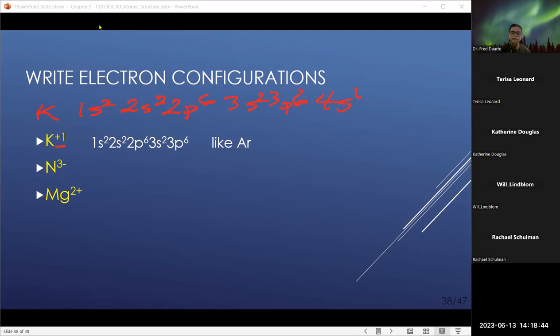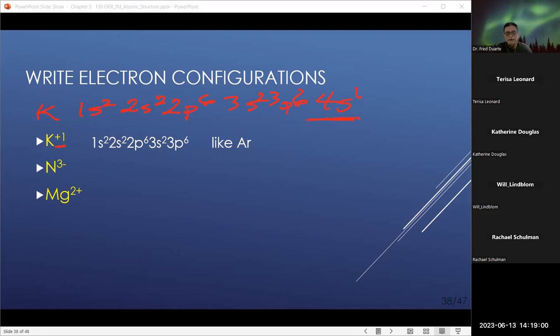Because the ion has lost that outermost valence electron from the atom, okay? Now it has the same number of electrons as argon.